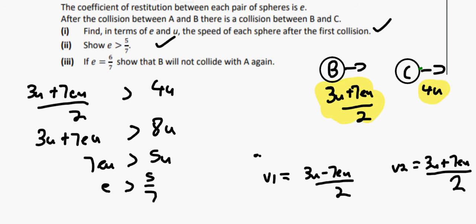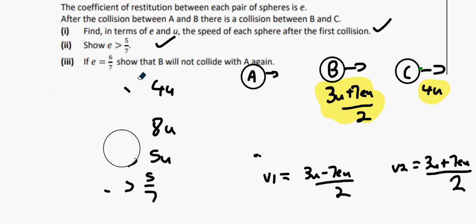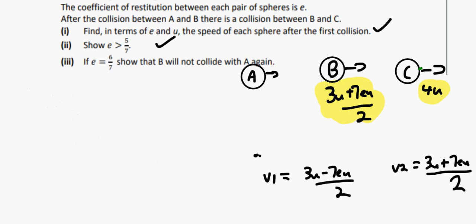Yeah, I'm actually going to have to go through a collision for B and C, because I'm looking to find out if B is going to collide with A again. So here's the full picture, with A over here going to the right. Now, I'm going to be pretty lazy with this and sub it in using the calculator.